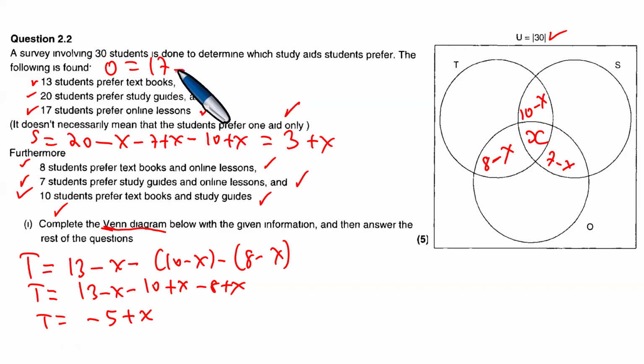So you have 17 minus X, minus 8 plus X, minus 7 plus X. So 17 minus 8 minus 7 is 17 minus 15, which becomes 2. And minus X plus X is 0, which gives exactly 2 plus X.